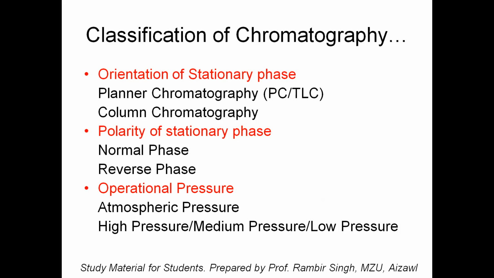What Michael Tswett discovered was normal phase chromatography, because he used calcium carbonate as a stationary phase, which is polar in nature, and a non-polar mobile phase. Then we got reverse phase chromatography.